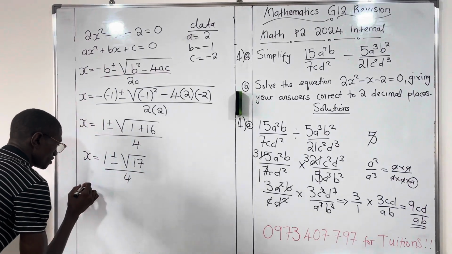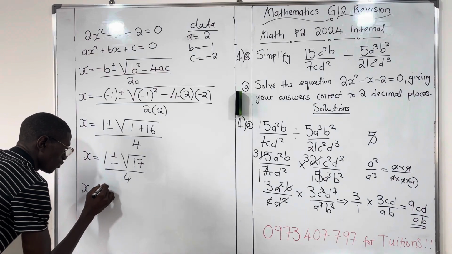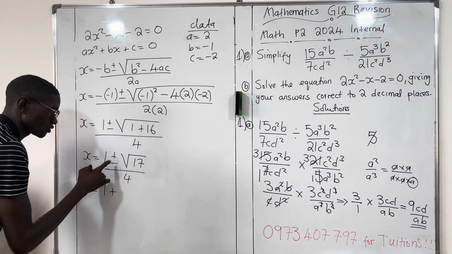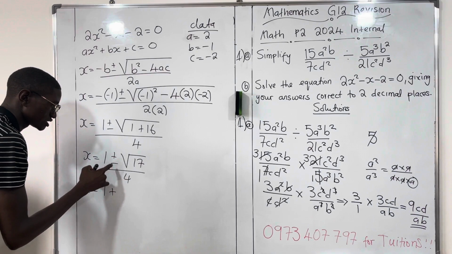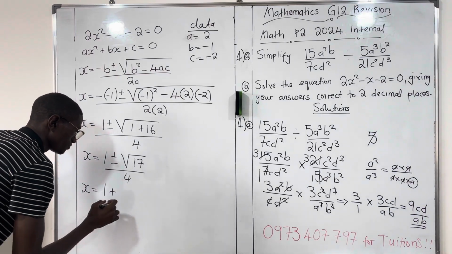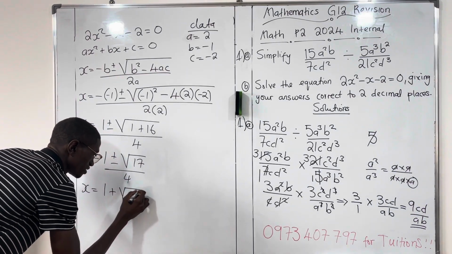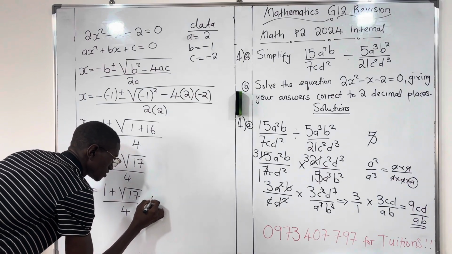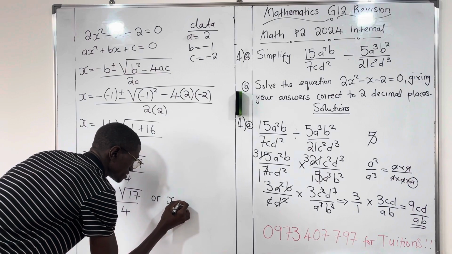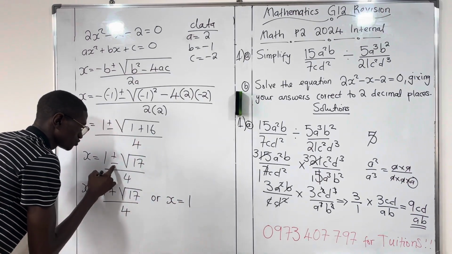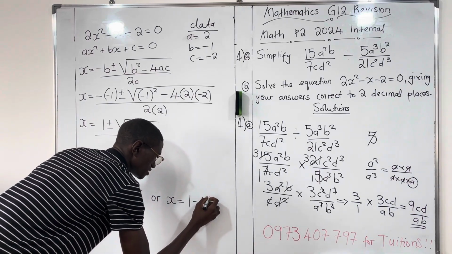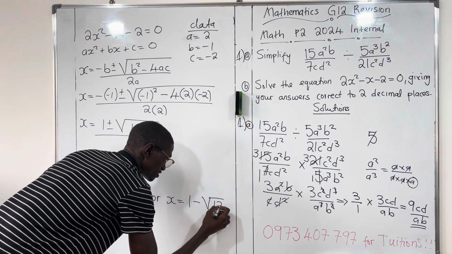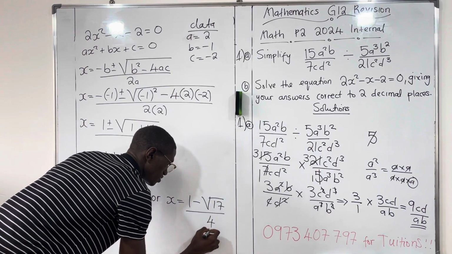We can now say x is equal to 1 plus, so we are distributing these signs evenly. So for the first part, we're going to use the positive, and then we can also say or x is equal to 1, we are going to use the minus now, minus the square root of 17, everything over 4.